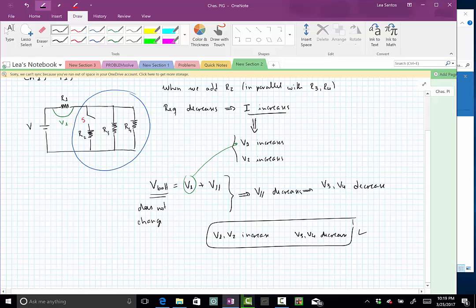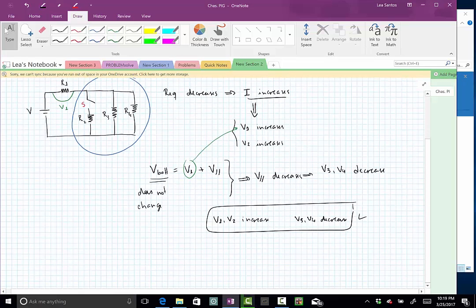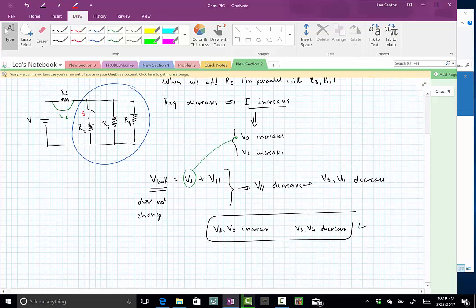How about the current? Well, we just said that the current increases going through R1, right? So I1, the current, increases. Well, through R2, we know it also increases because there was nothing before. So the current going through R2 also increases. How about the current going through R3 and R4? Let's think now. The potential difference decreased.